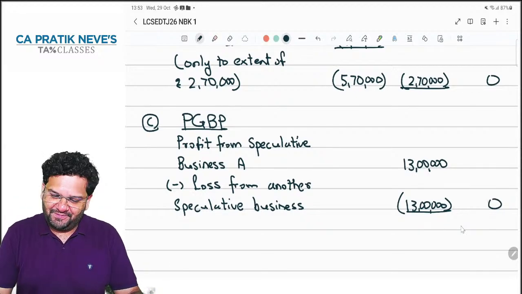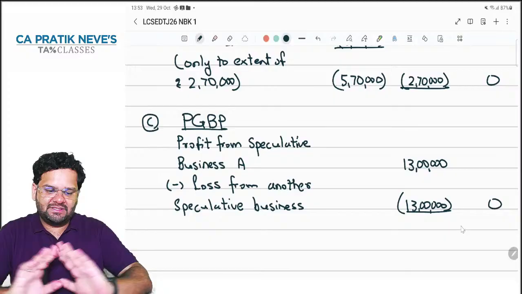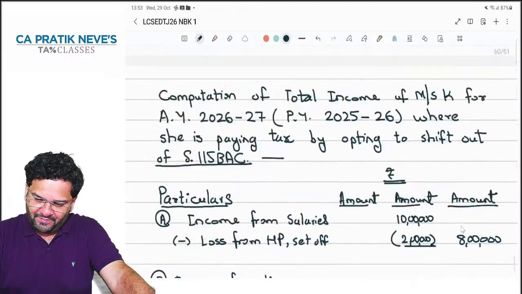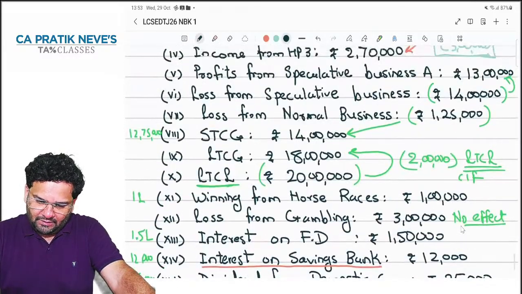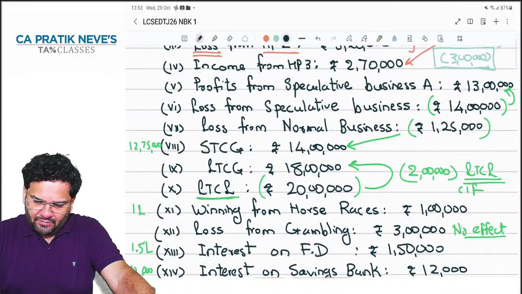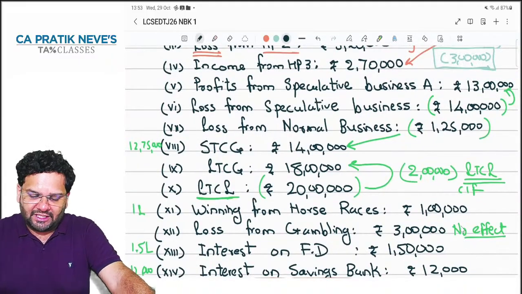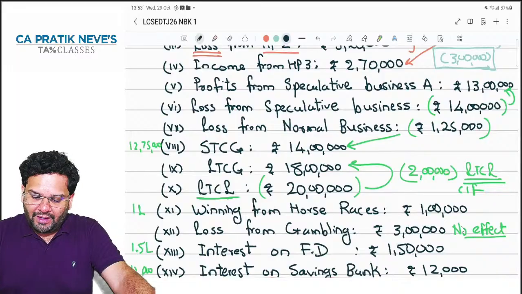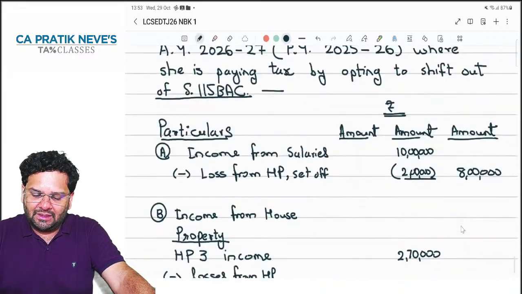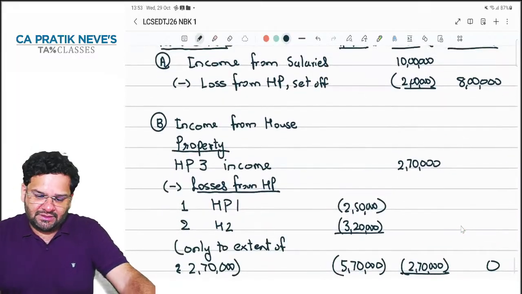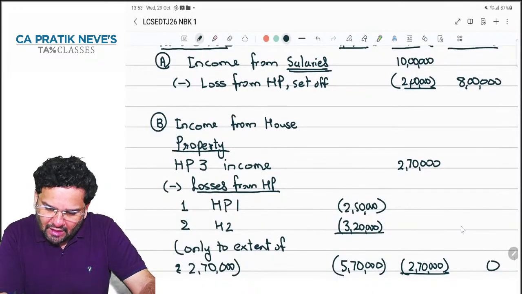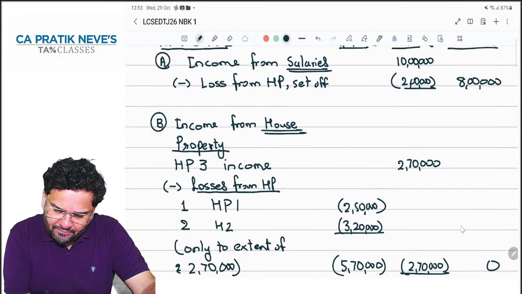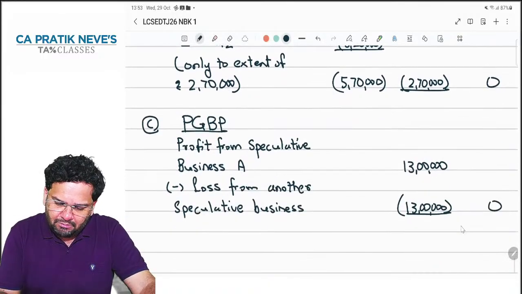Did you get it? And there is no other business income. Then after that, loss from normal business, so you will set off. Go ahead and write down capital gains. See, first head is salary, after salary HP, after HP PGBP.